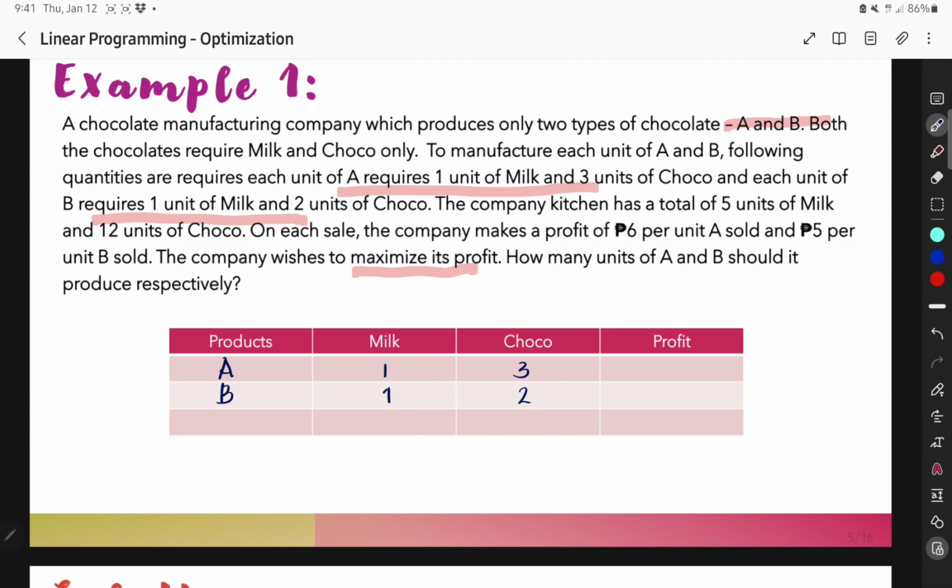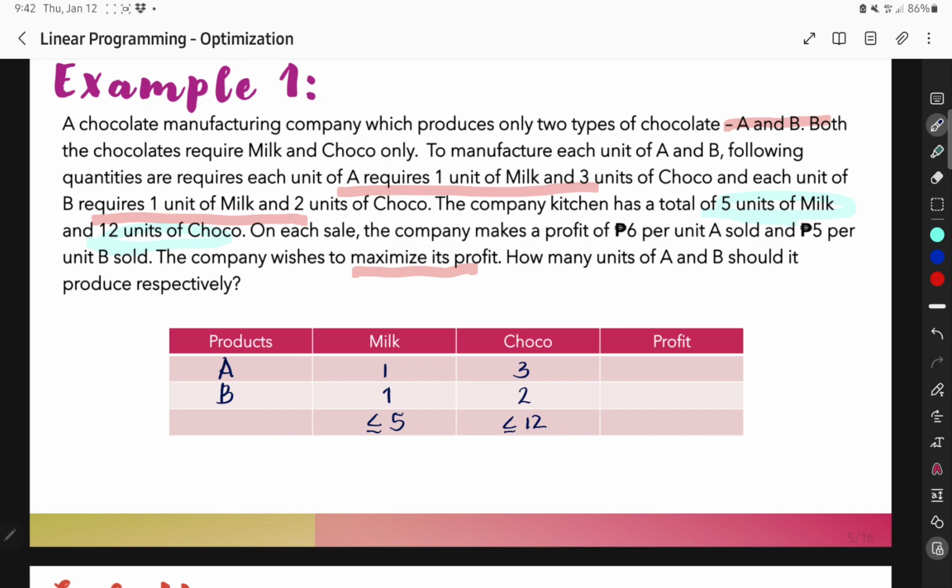It says here that there are 5 units of milk and 12 units of choco ang available lang. That would mean ang imong resources, imong milk na magamit, should be less than or equal to 5 lang, kay mura man ang available. And less than or equal to 12, kay mura sa ang available na choco.